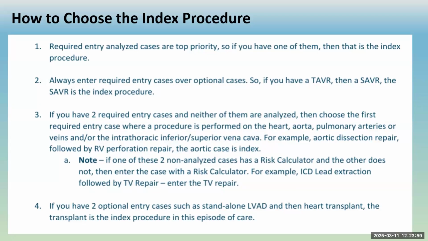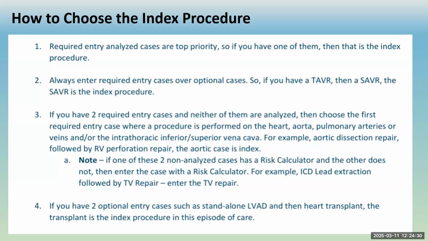There is one little caveat to this, and I think I've pretty much identified the only example currently for this. If one of the two non-analyzed cases has a risk calculator and the other does not, then enter the case with the risk calculator. For example, you have an ICD lead extraction followed by a TV repair.